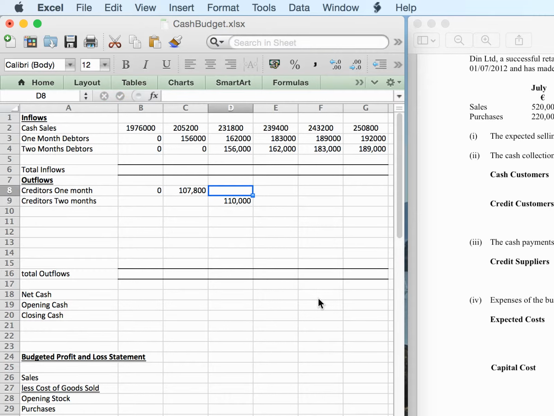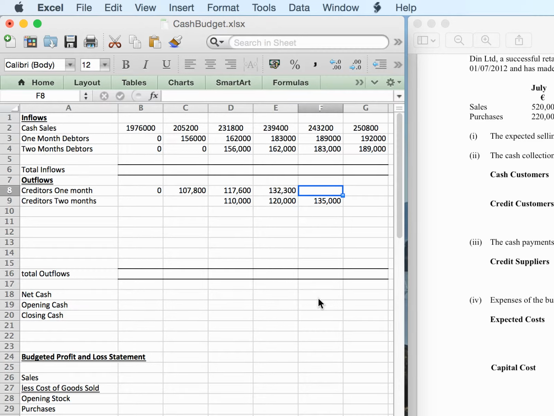Then we have 240, I multiply that by 0.49, and half of 240 is 120. Then we have 270, and half of 270 is 135, which is 1 month later.